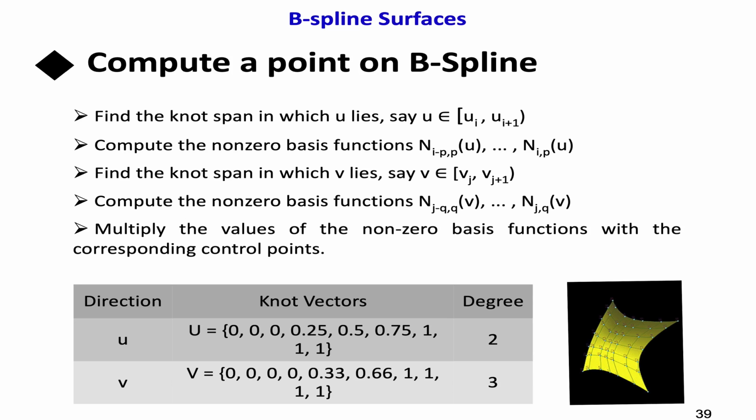It has 6 columns and 7 rows, and these are the knot vectors in the u and v directions with their degrees.